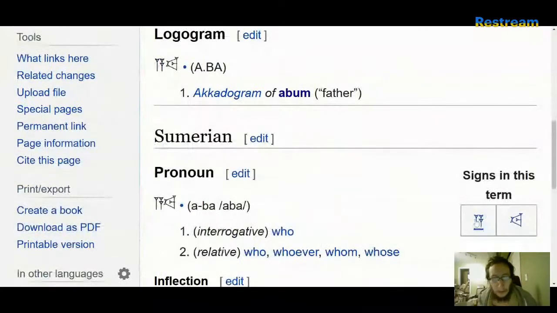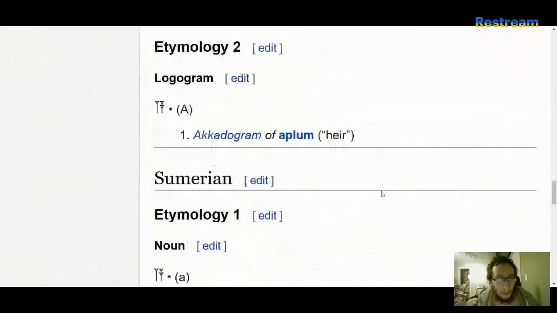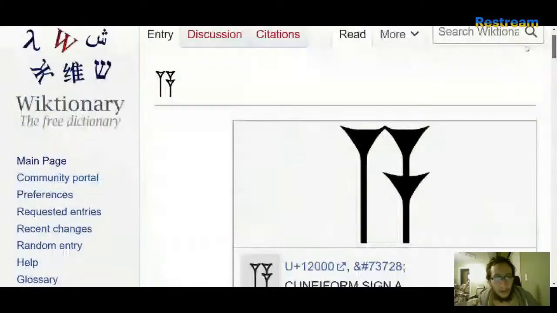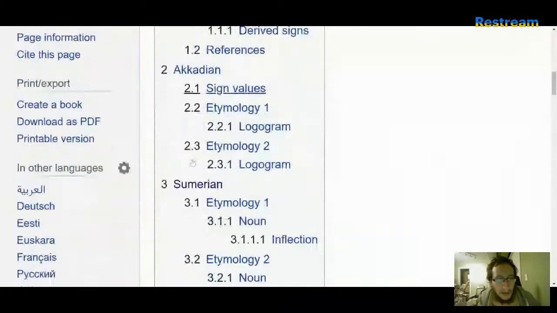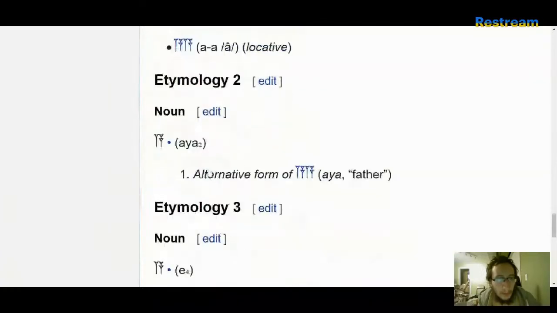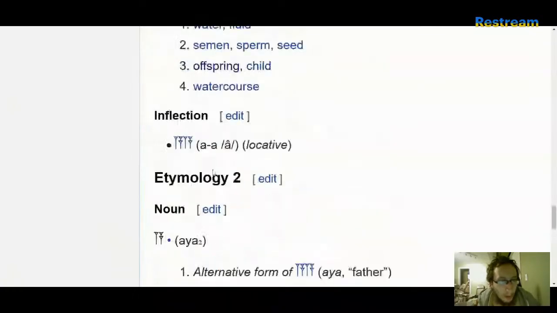The first word, in Sumerian, means water. It could also mean semen or seed, the offspring. So that is literally the word in Sumerian.